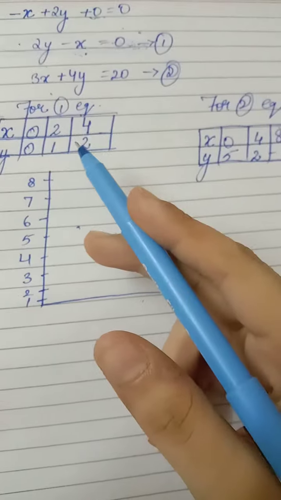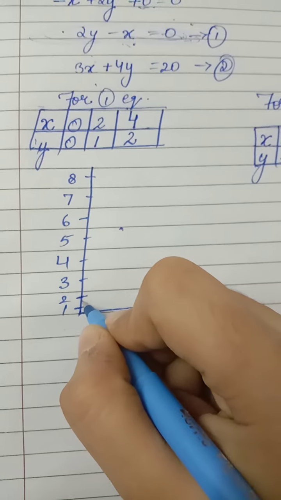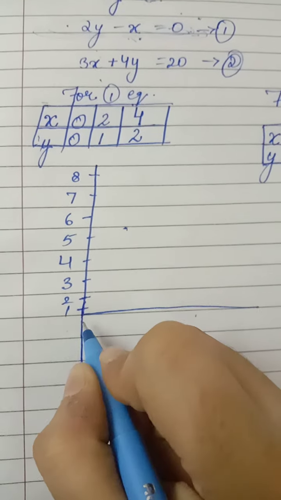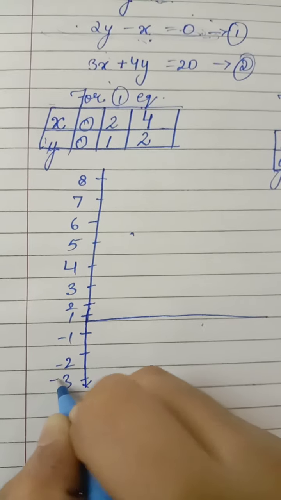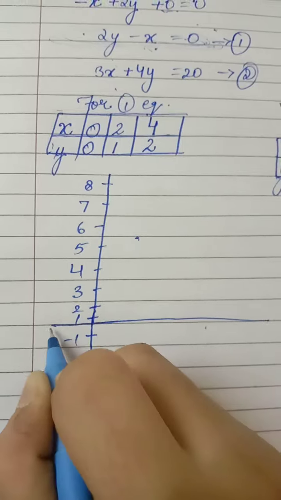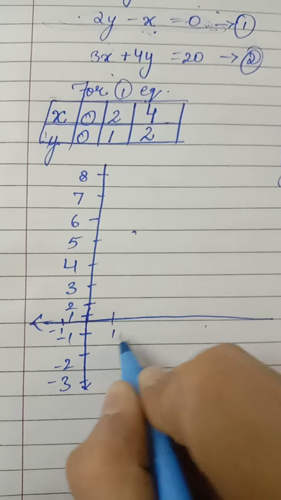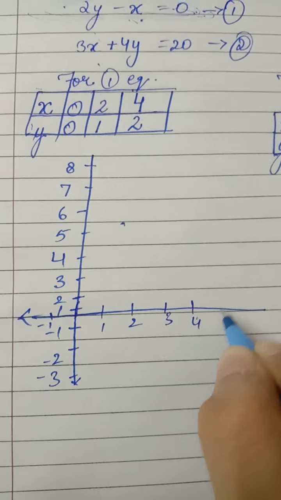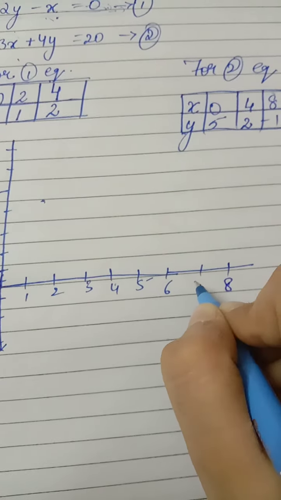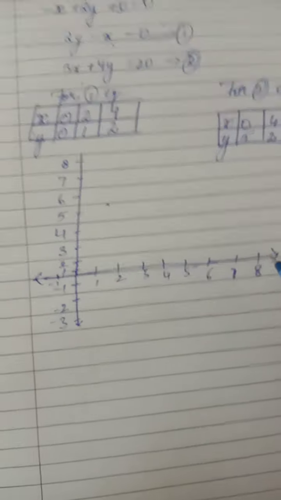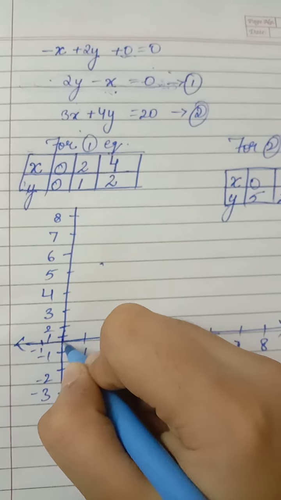For the first equation, here we have 0, 0.